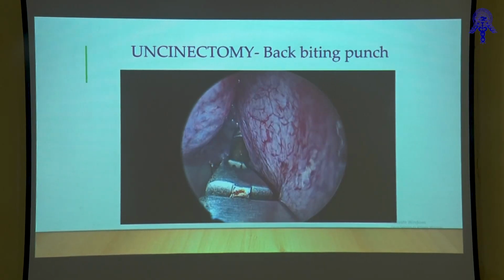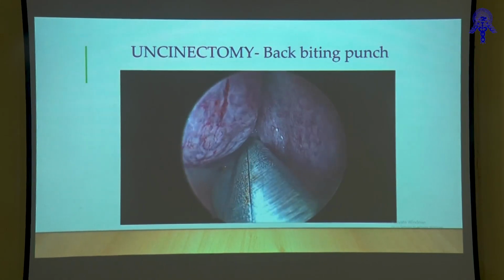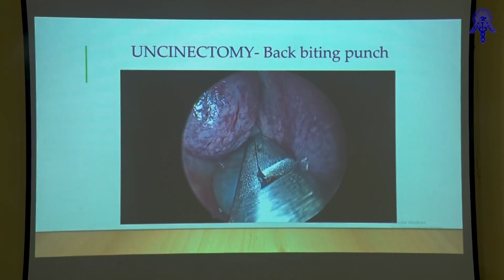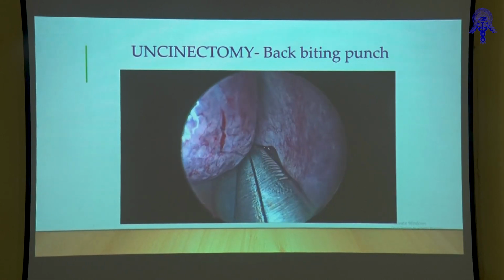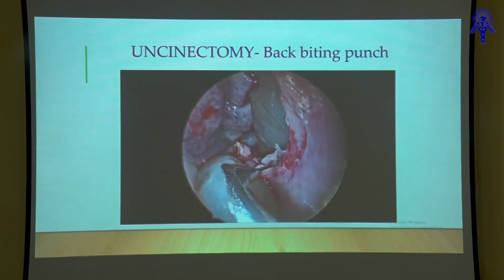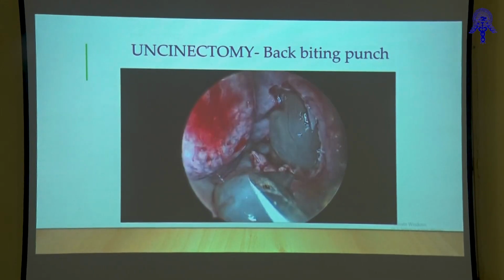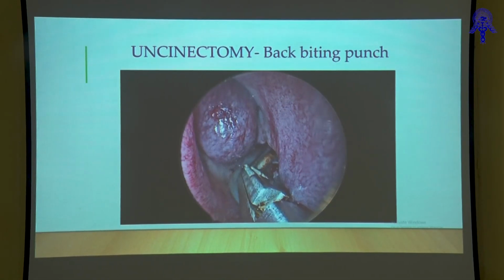Because there is adequate space, we have not disturbed the polyp which is lying inferior to our operative field. By making a few punches at the junction of the vertical and horizontal part, we are making the first uncinotomy, and that opens our gateway into the natural ostium, which is showing the polyp inside the maxillary sinus.